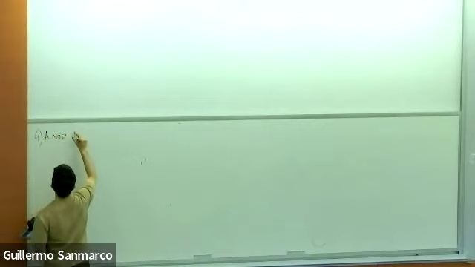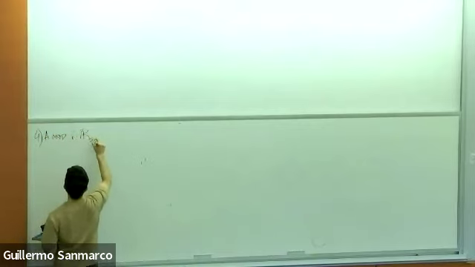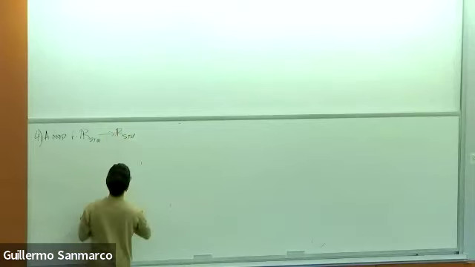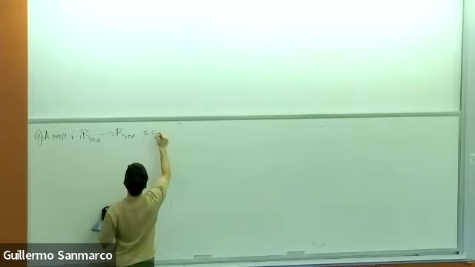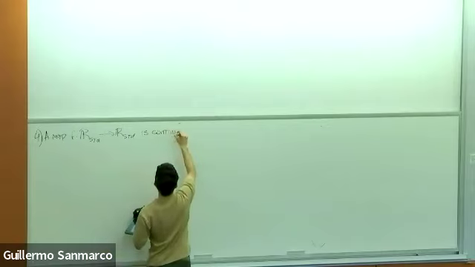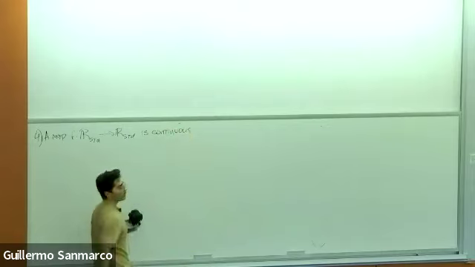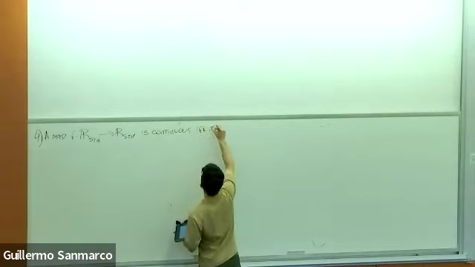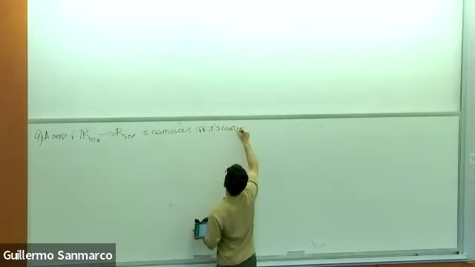So example 4, maybe not really an example, but something I want to say. A function from the reals with the standard topology to the reals with the standard topology is continuous precisely when it's continuous in the classical sense that you know, if and only if.